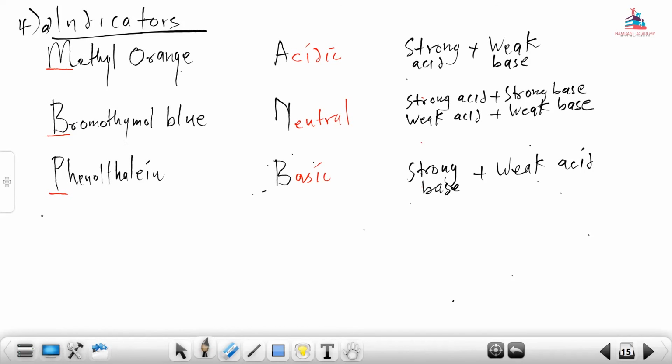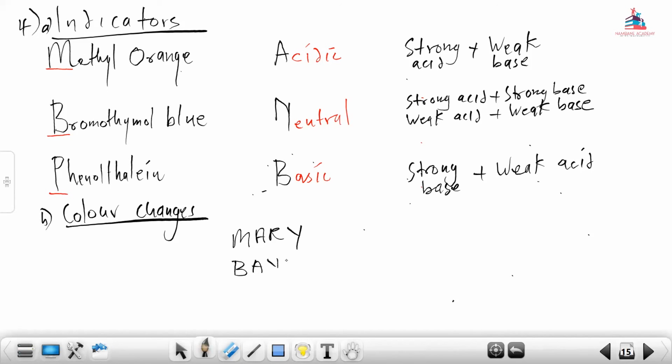A, indicators, B, color changes. So the first one was Mary. The second one was Baby. The third one was Tupac.